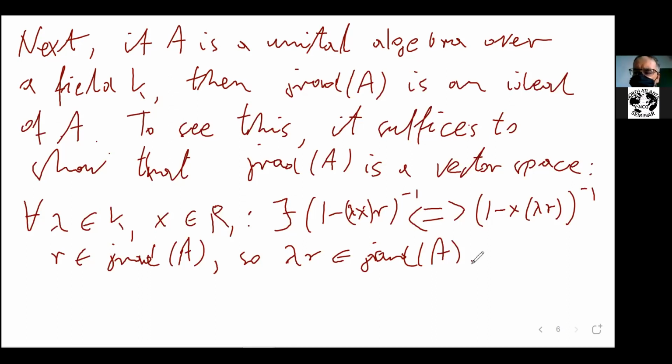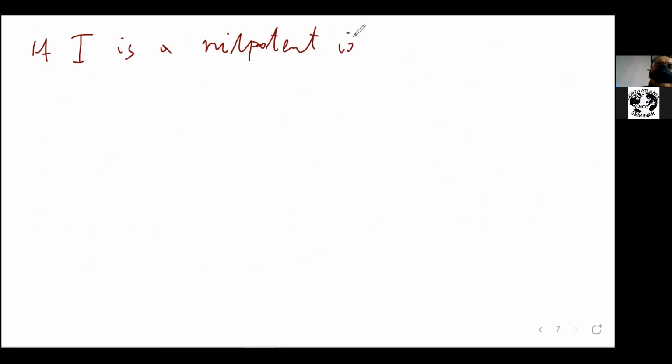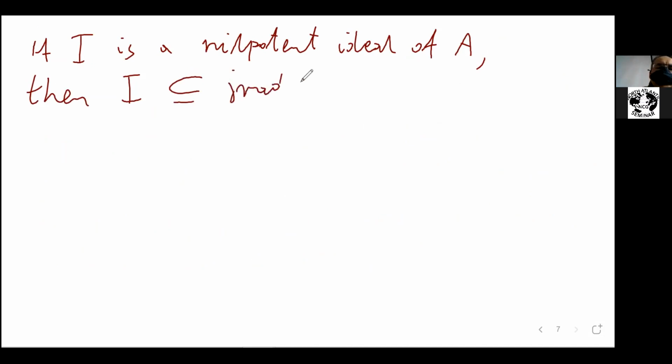And we can also quickly check, this is another fact which I need about the Jacobson radical, that if I is a nilpotent ideal of A, then it is contained in the Jacobson radical of A. So one might think that the Jacobson radical of A is like the maximal nilpotent ideal of the algebra.